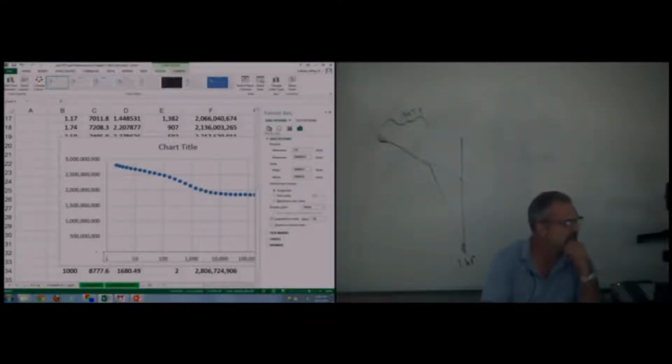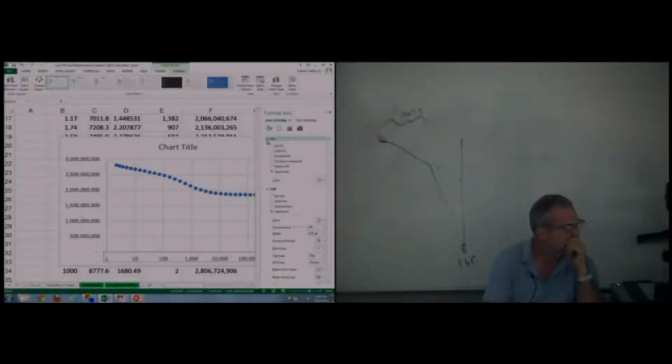Let's play around here. Marker. Line, though. Nope. This is my markers.